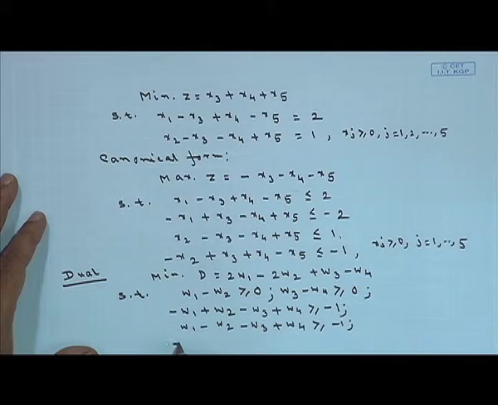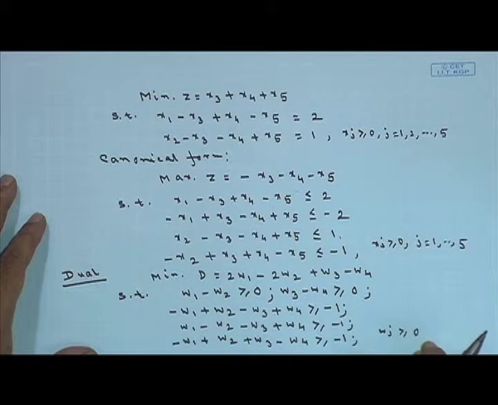So, it will be minus w1 plus w2 plus w3 minus w4, greater than or equal to minus 1, and wj greater than or equal to 0. So, this is your original problem.